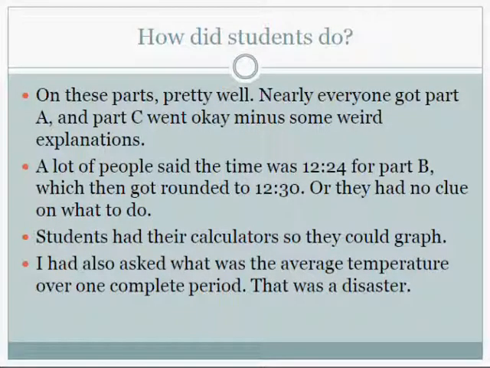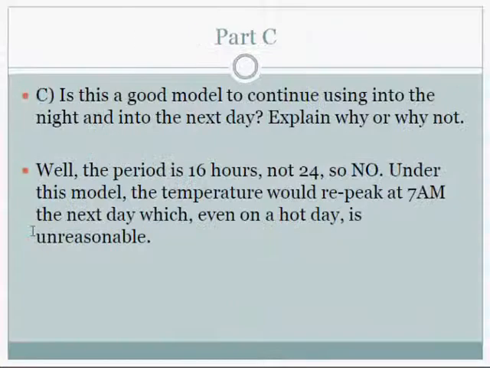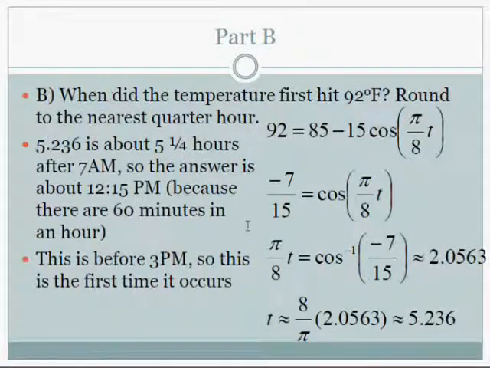A weird thing that happened, I understand why it happened, it's just kind of weird to me. On part B, where I was asking what time it hit 92 degrees, a lot of students wrote down that the time was 12:24, which, if you would then round to the nearest quarter hour, would be 12:30. So where did they come up with 12:24?